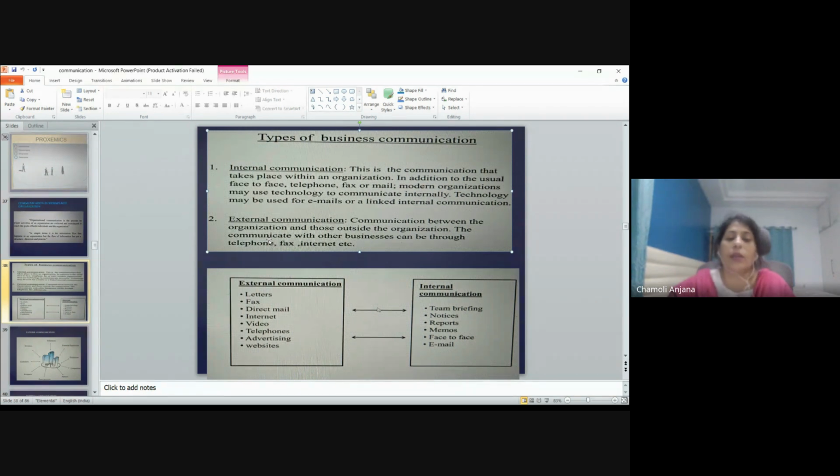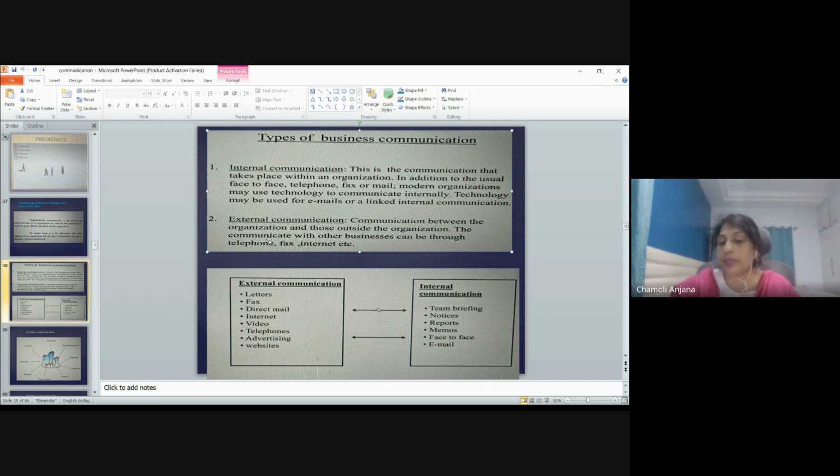Then governments, because we have to file taxes and work under the rules and regulations of the government, so you cannot ignore the government. Likewise, society has nowadays become very vigilant. They are not buying products which are not environment friendly. In fact, they want organic products, products which do not pollute the environment.